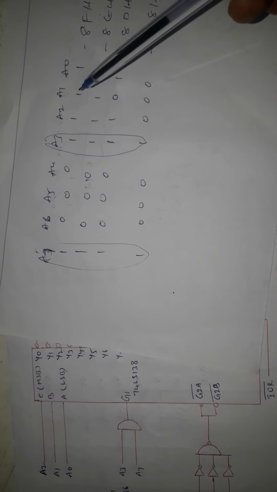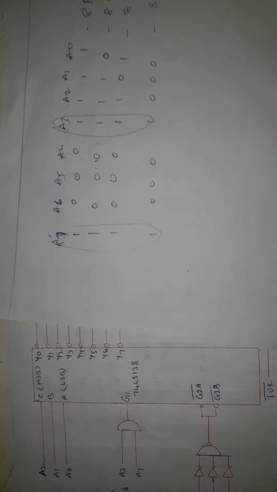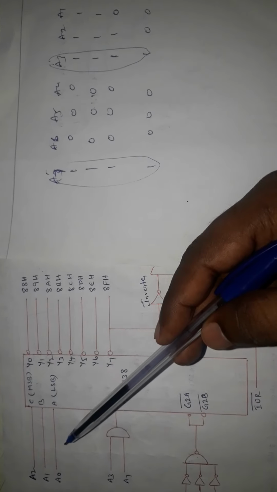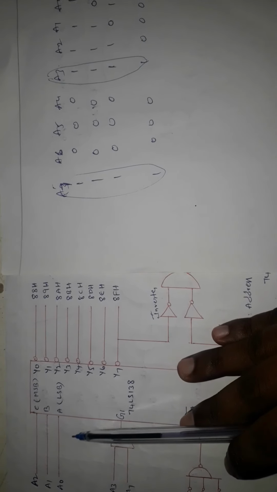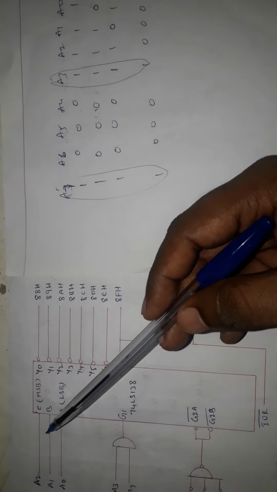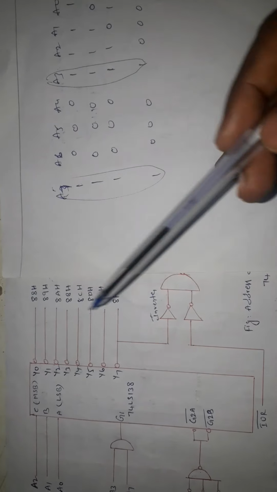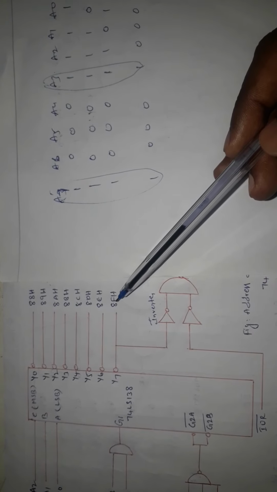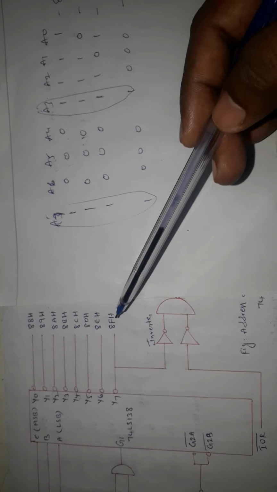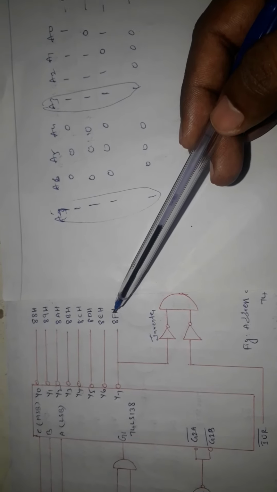If all ones are applied to A2, A1, A0, Y7 gets selected. Whenever all the inputs to the decoder are 1, Y7 gets selected. When Y7 gets selected, you get the address 8FH.